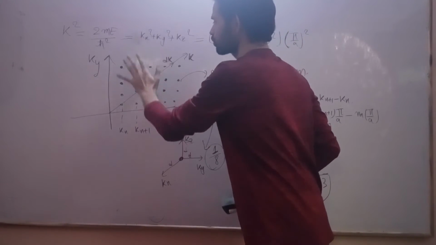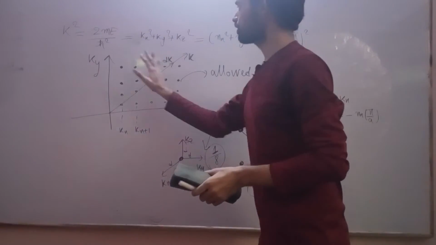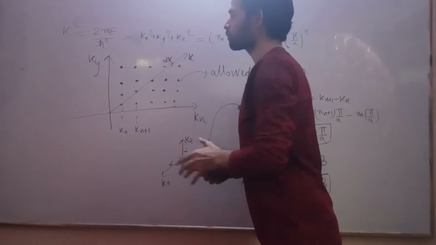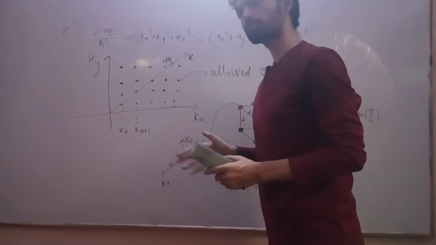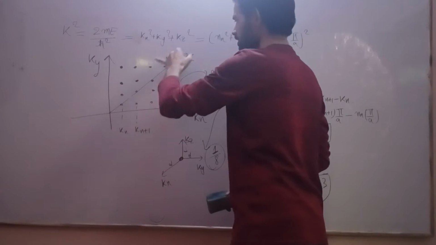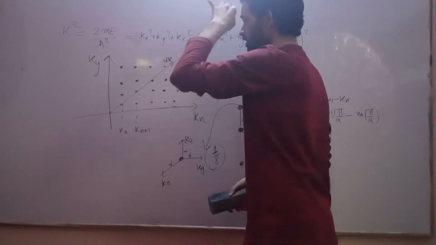First, we wanted to see it on a two-dimensional surface. In two dimensions we plot the array of allowed quantum states as a function of kx and ky, which is the resultant k space.